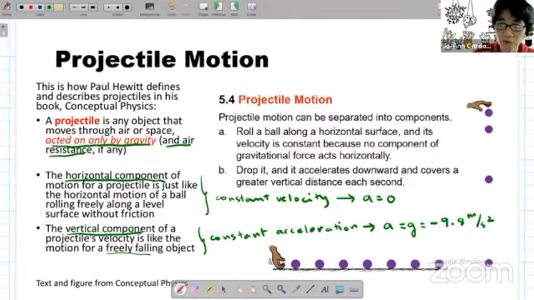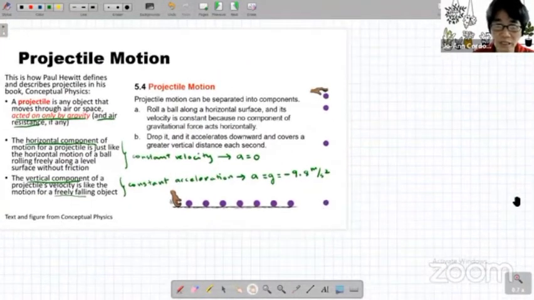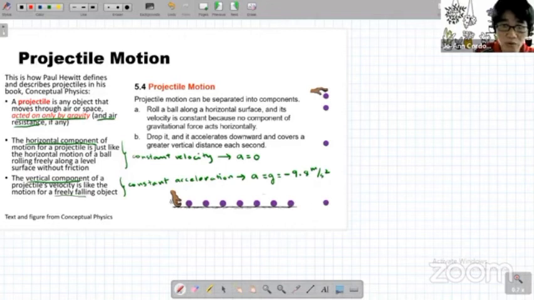So if you look at the diagram here, at the bottom of this particular page, you should be able to see that there is a small diagram here showing you the two kinds of motion of projectile motion.